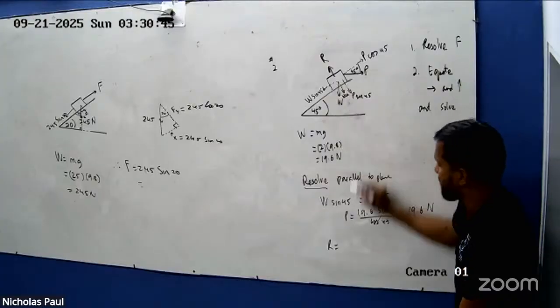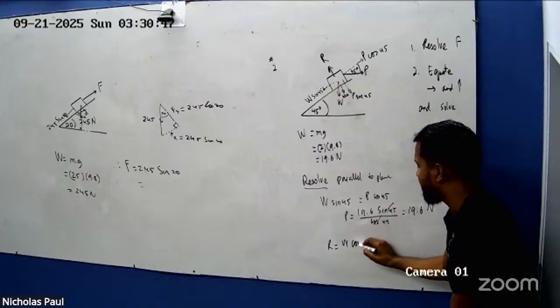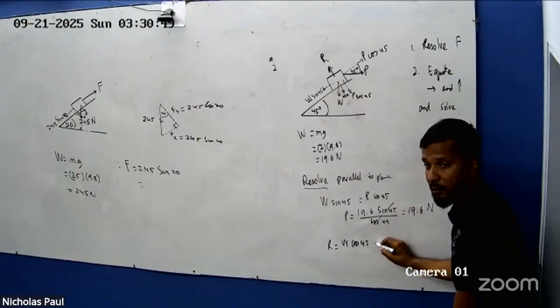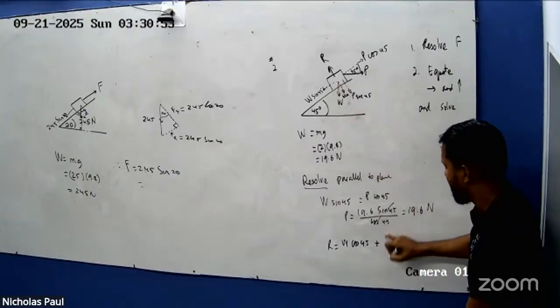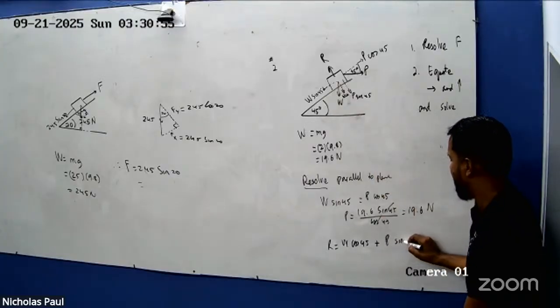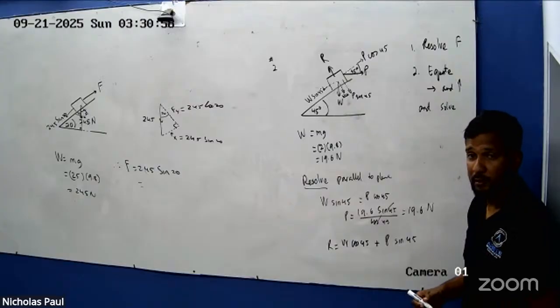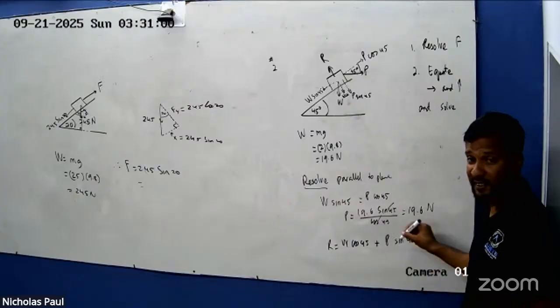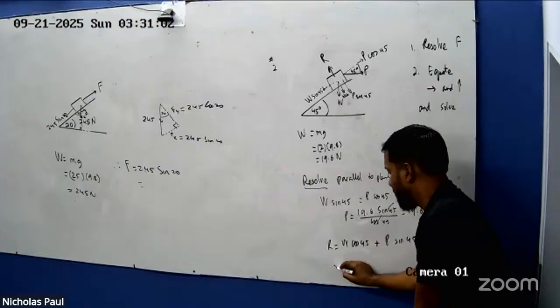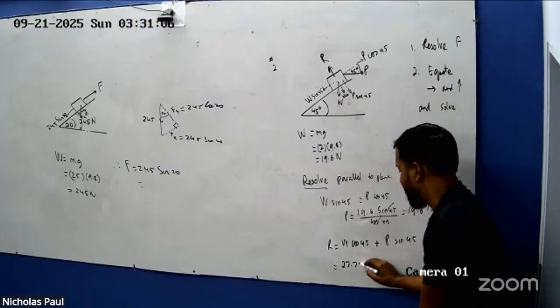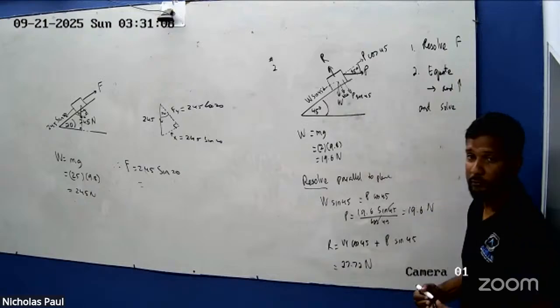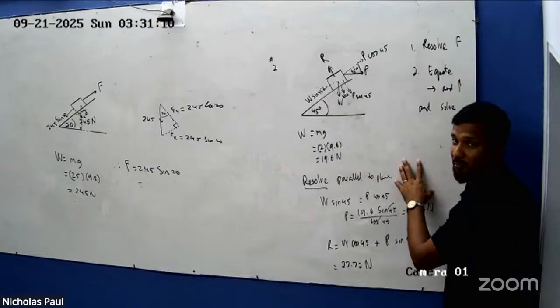W cos plus P sine 45. Final answer? 27.7. Right? All okay with that?